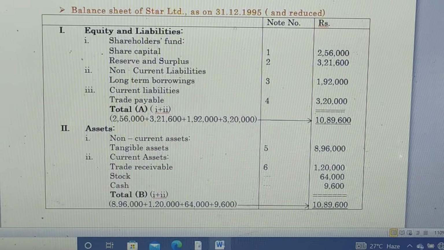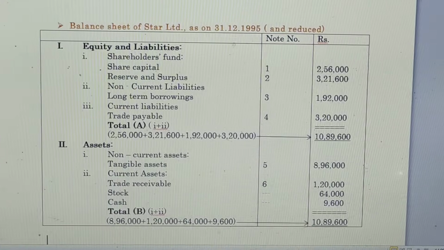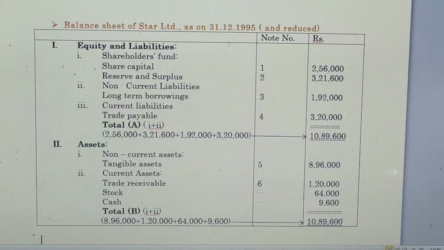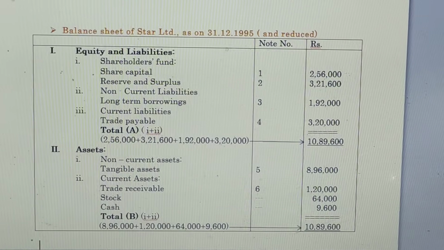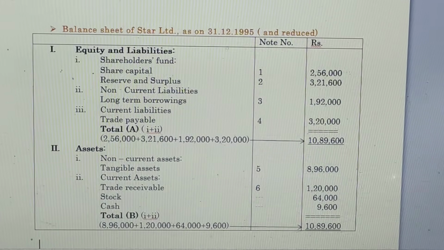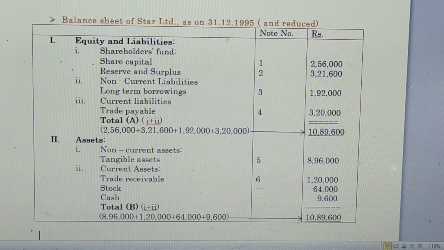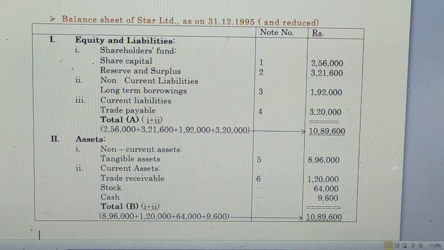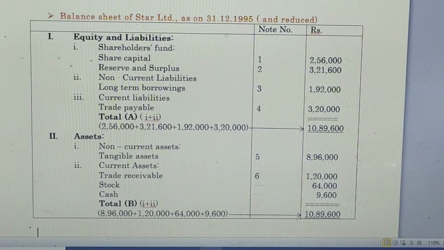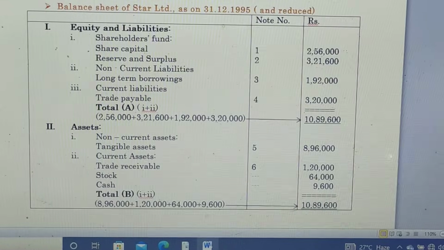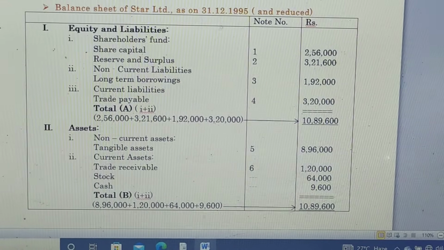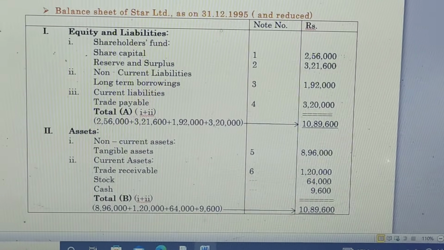That is note number 6 heading, and number 6 will be mentioned in the note number column, and note number 6 total is 1,20,000, and the stock value is 64,000. There is no note number, and the cash value is 9,600. It also doesn't have any note number. Then we have to add all the asset side amounts.